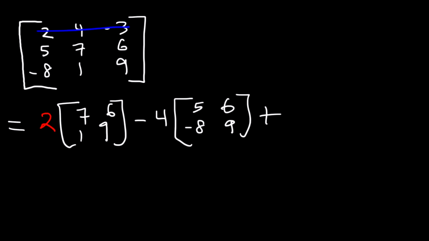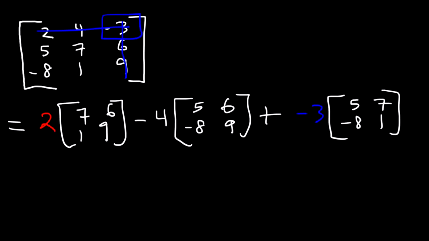So we're going to get rid of row 1 and column 3. So we have a negative 3 on the front. And then we're going to write what we see here. 5, 7, negative 8, 1. So that's how you can simplify the 3x3 matrix into 3 2x2 matrices.